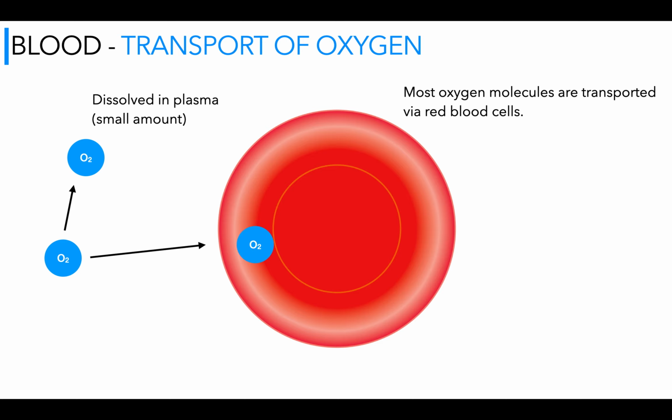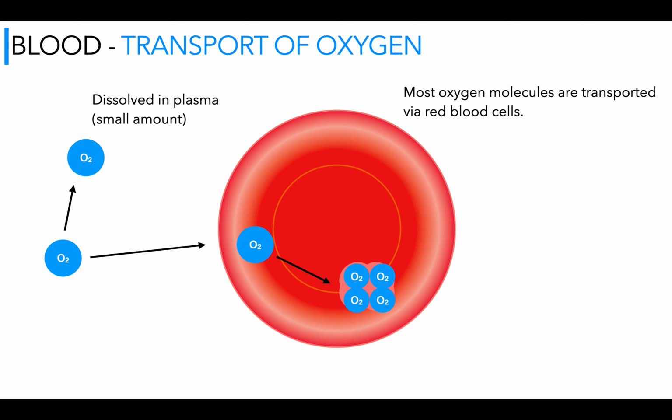Okay, but there's a specific way within the red blood cells we must be aware of. Within the red blood cells, we have something called hemoglobin. This hemoglobin has an affinity for oxygen. It likes oxygen. So oxygen binds to this hemoglobin to form oxyhemoglobin. That's a key word there.